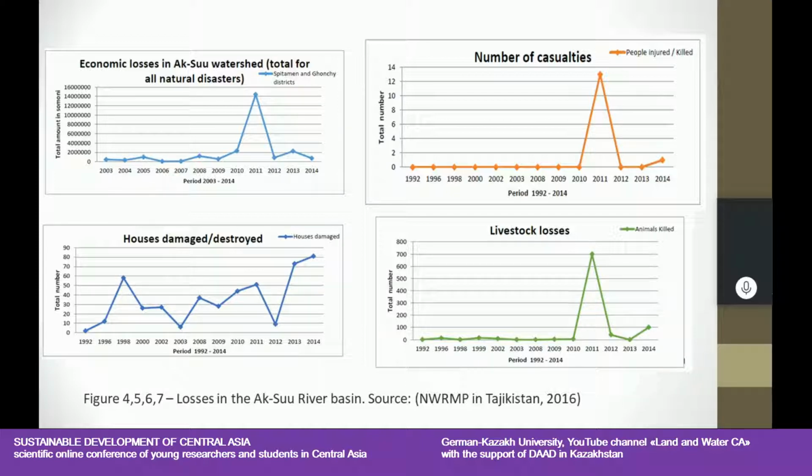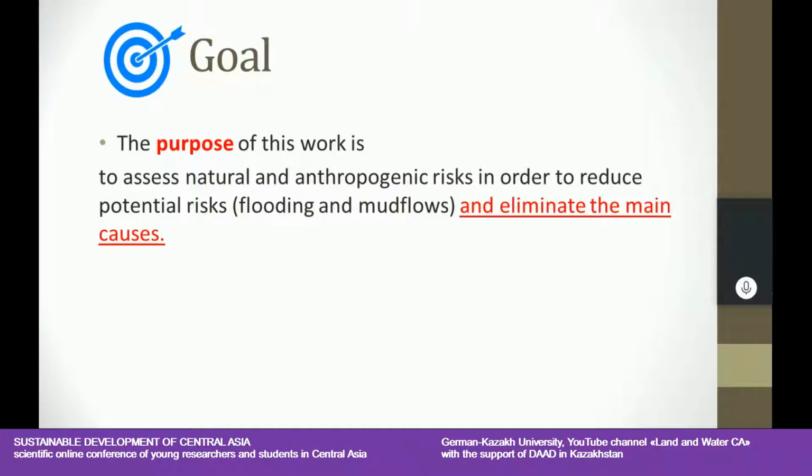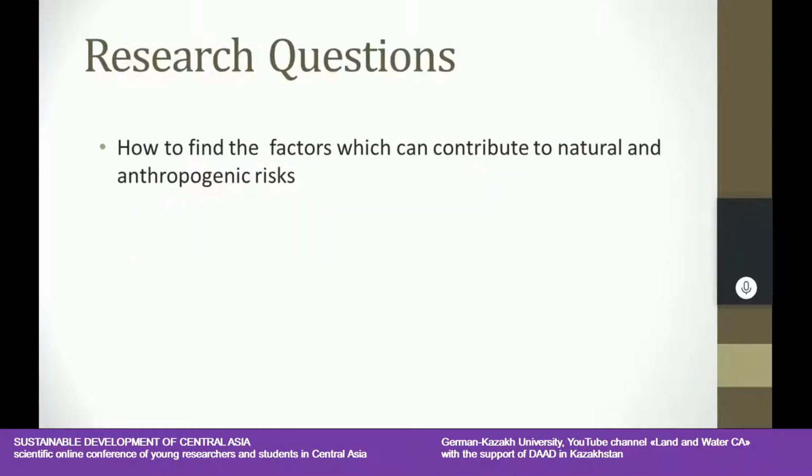losses and injured. The purpose of this work is to assess natural and anthropogenic risk in order to reduce potential risk and eliminate the main causes.